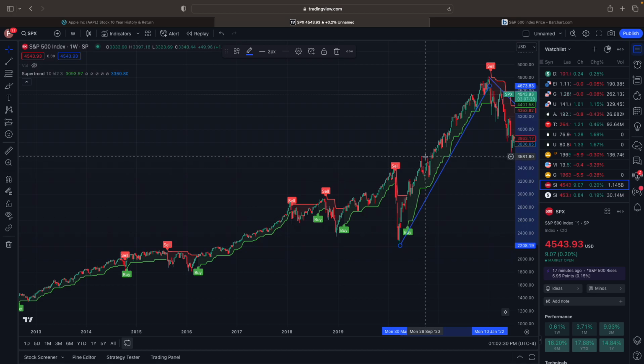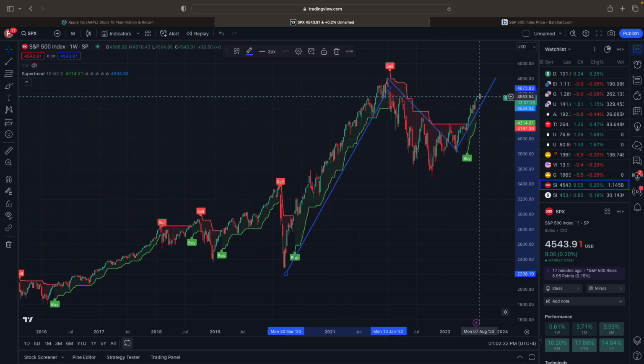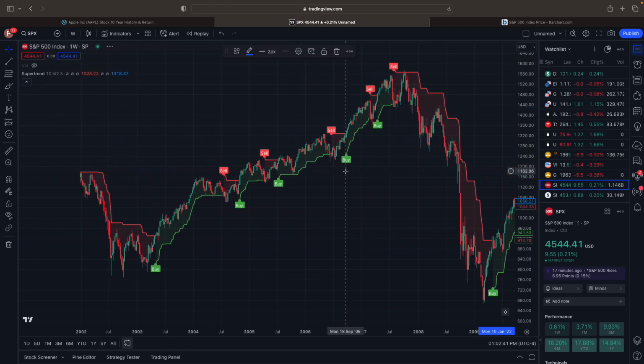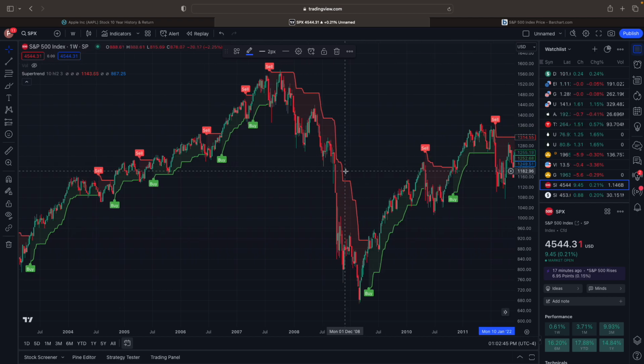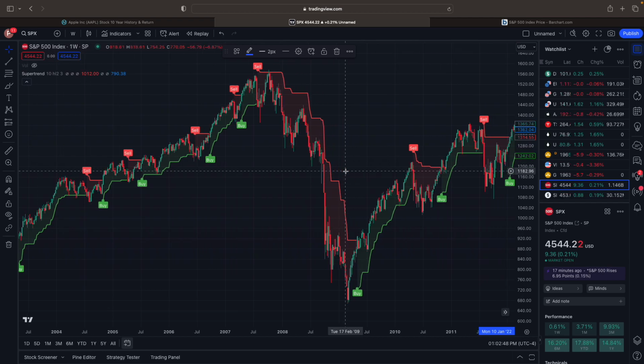Look how steep this is. Markets don't do 90-degree angles. So I'm just telling you guys, as a person who's seen many markets, that's not how the market moves.